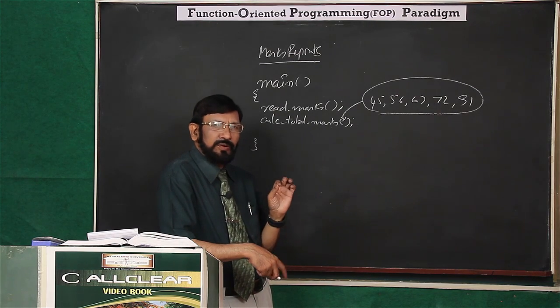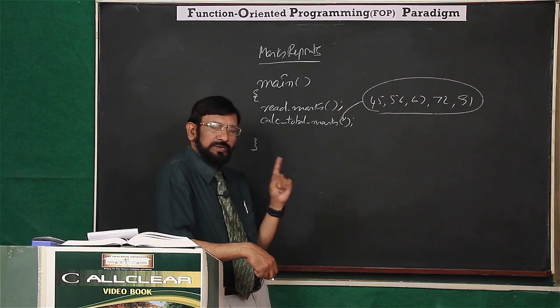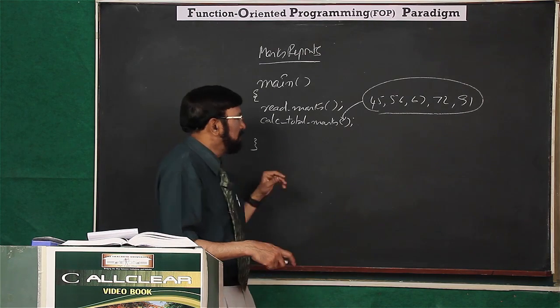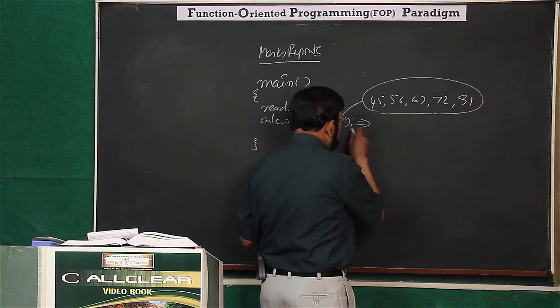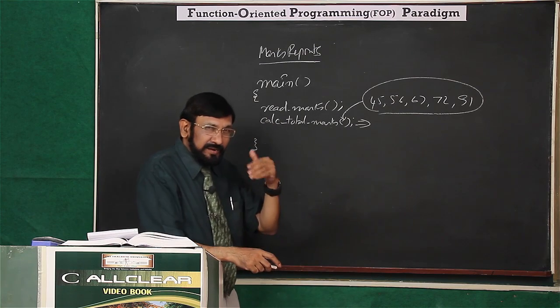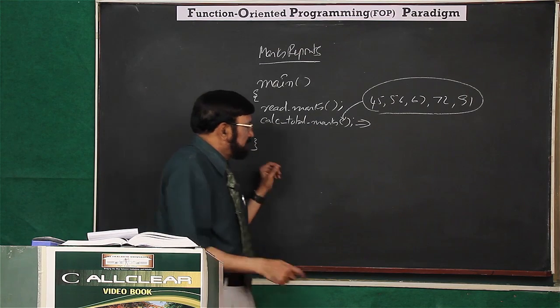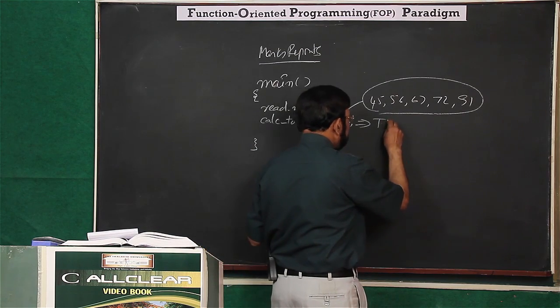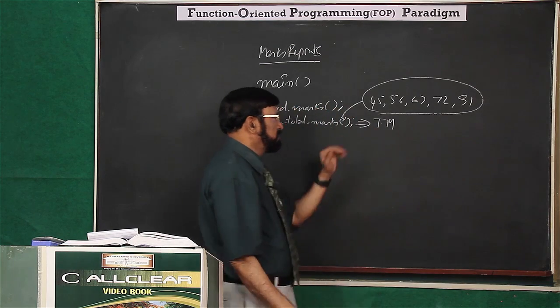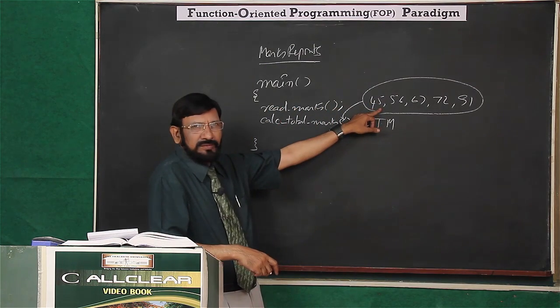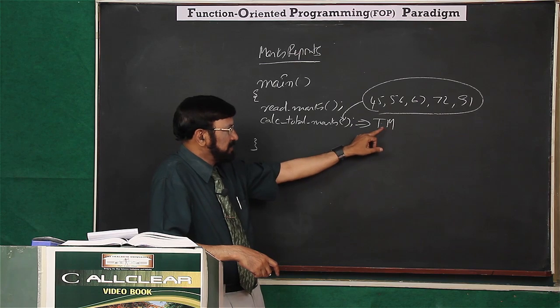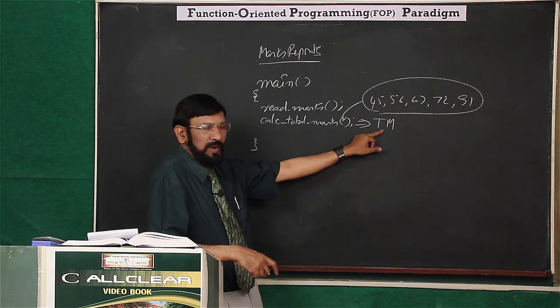Total marks is equal to P1 plus P2 plus P3 plus P4 plus P5. It outputs, technically it is called returns, total marks. Its input is marks in 5 papers. Its output is total marks.